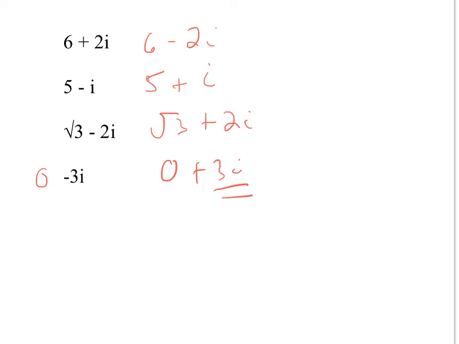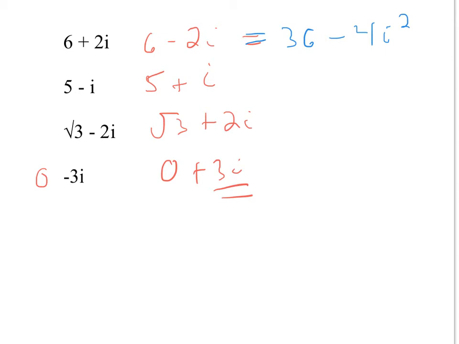If I multiply these numbers by their conjugates, the first one is going to be, I'll do that in blue so we can see, 36, 6 squared, minus 2i squared, which is 4i squared. 2i quantity squared is 4i squared, right? So 36 minus 4i squared, well, i squared is negative 1.